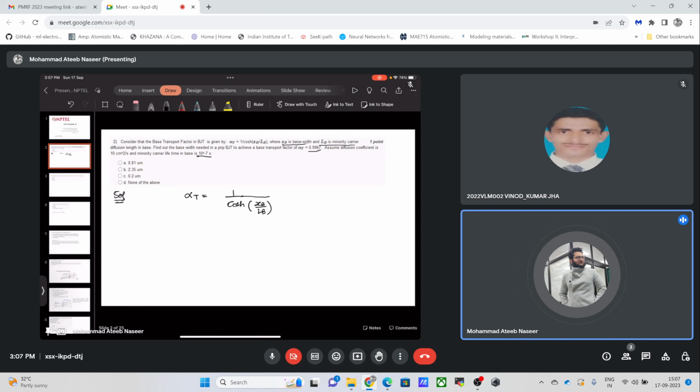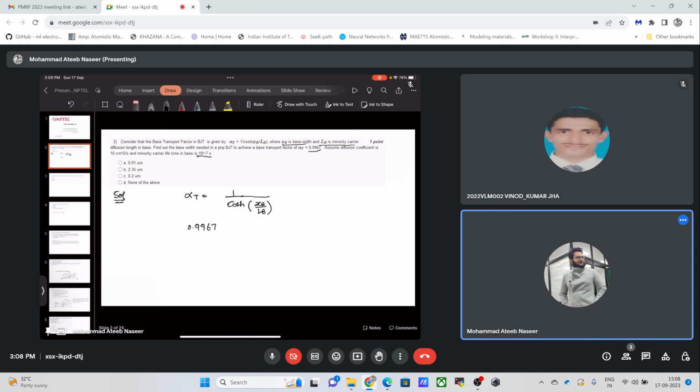The minority carrier concentration will depend on the injection from the emitter side as well. There will be minority carriers in the base itself, but there will also be injection of carriers from the emitter.